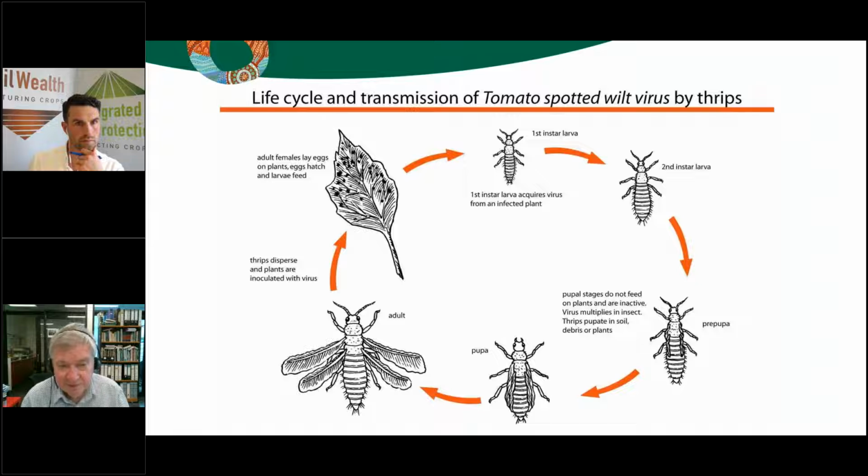So for a thrip to be able to transmit tospovirus, it has to get it as a young larval stage, have it multiply through the insect as it grows, and then the adult is able to transmit it to new hosts. So it's a very complex transmission cycle and an indication that in many cases only one type of insect can transmit one type of virus. They're quite specific in their requirements for transmission.